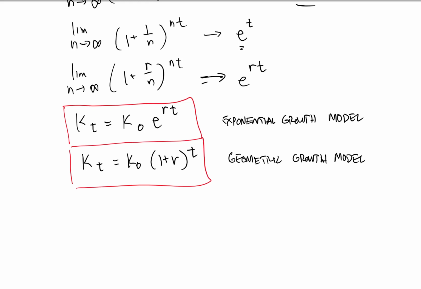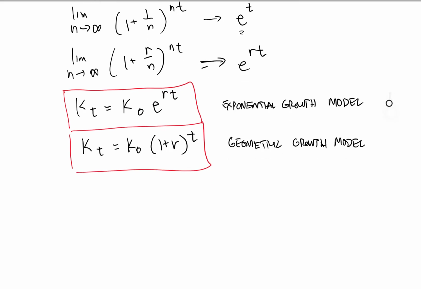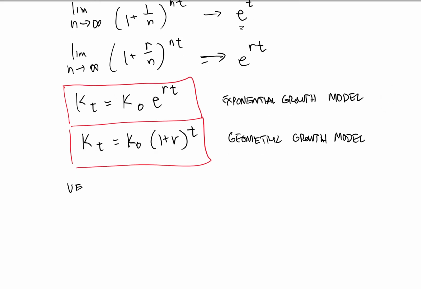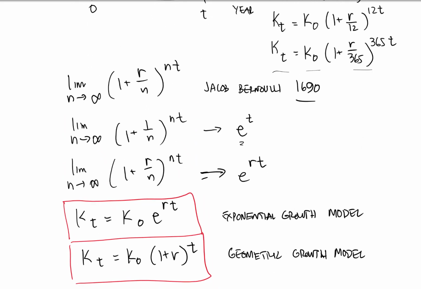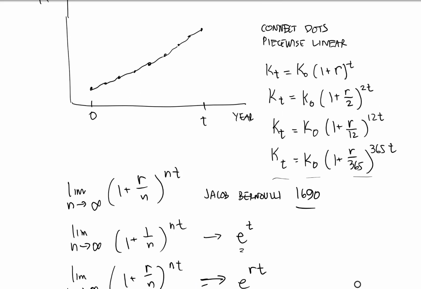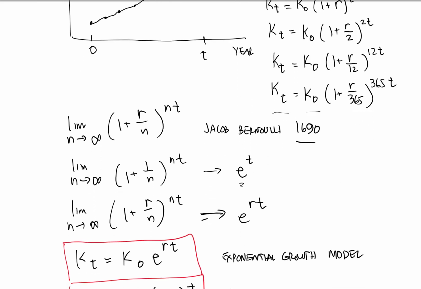That's our multiplicative model. They're very closely related, and you can see why. It's because we took that geometric model, and then as we got smaller and smaller time periods, we ended up with this model.